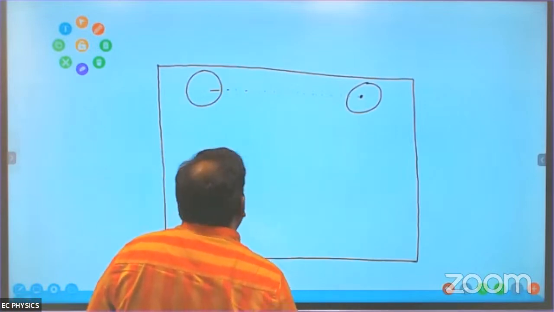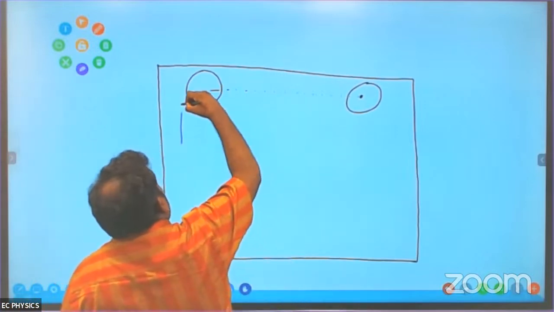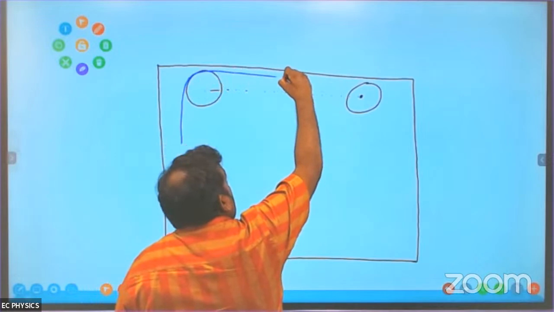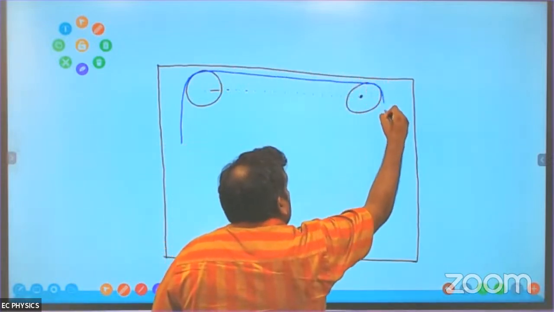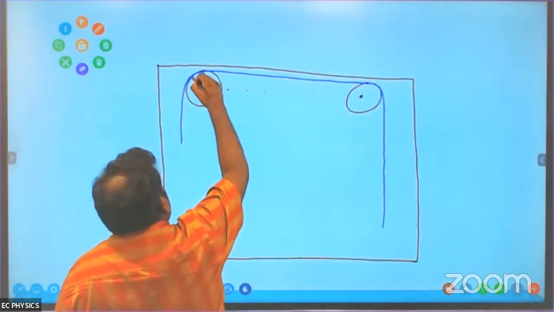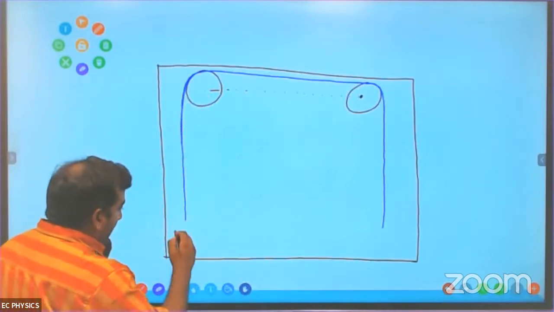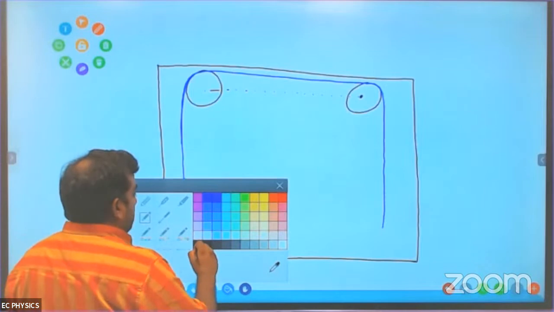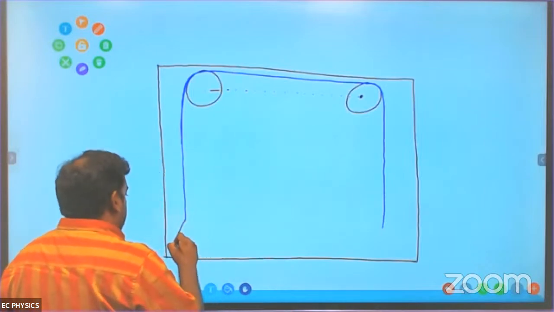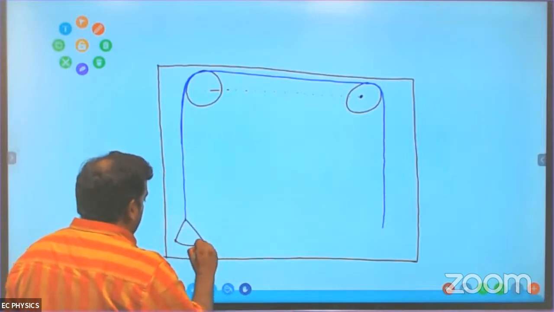And then we send a string over the pulleys, and we connect it to two known weights. Let's say there's a scale pan and a weight.